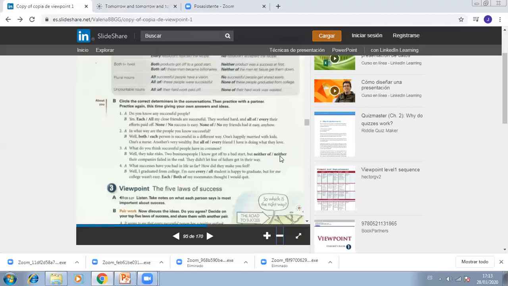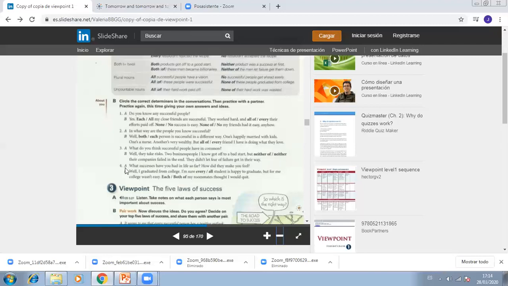Neither of or neither? Okay, so the correct alternative is neither of, because we are referring to plural nouns, in this case the companies. Neither of the companies failed in the end. They didn't let fear of failure get in the way.